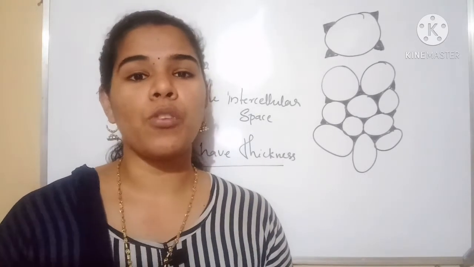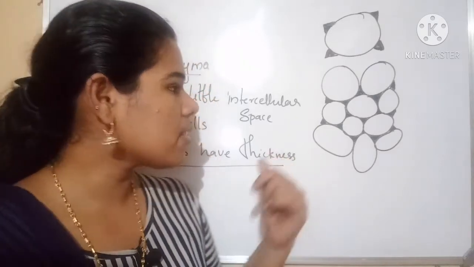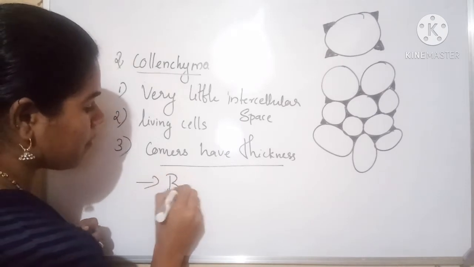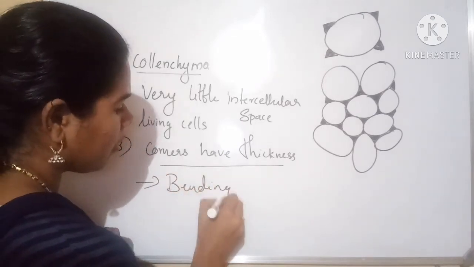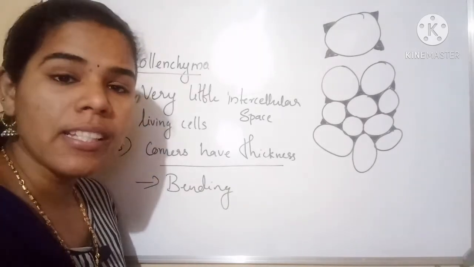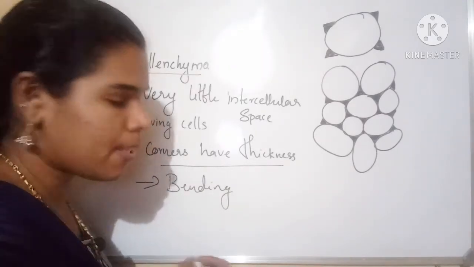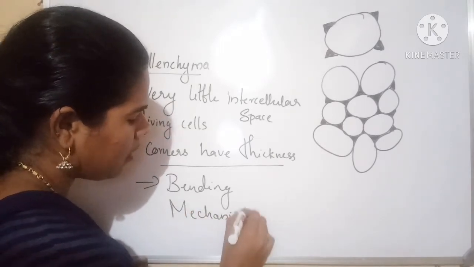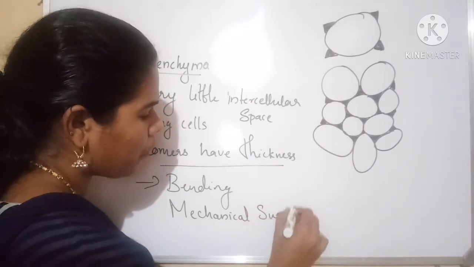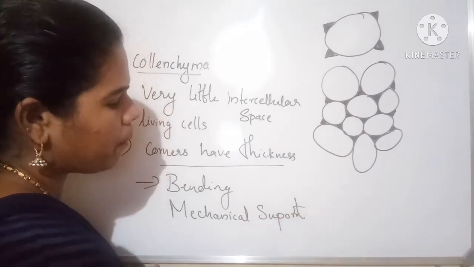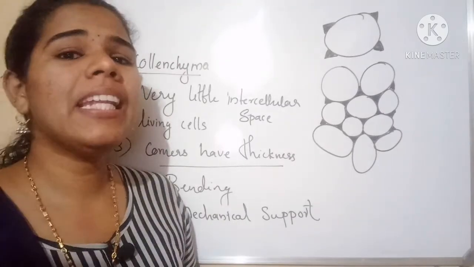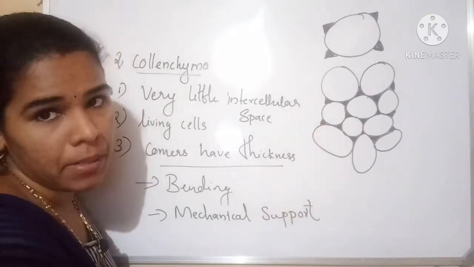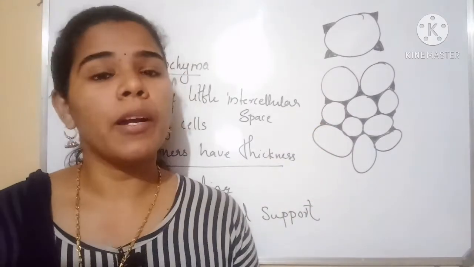This bending is possible without breaking because of the presence of collenchyma. And it also provides mechanical support. It is mainly seen below the epidermis. Epidermis we will discuss in our coming classes.